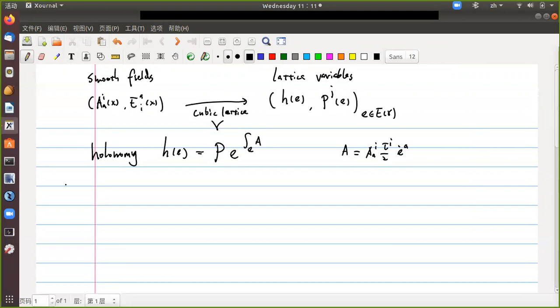Okay, so first, formula one: h_e equals the identity matrix plus a sum from n equals 1 to infinity of the integral ds_1 up to ds_n of A(s_1) through A(s_n). So this h_e will be a 2x2 matrix, because this tau_I is just minus i multiplied by sigma, where sigma is a Pauli matrix, a 2x2 matrix. Therefore, this holonomy is also a 2x2 matrix.